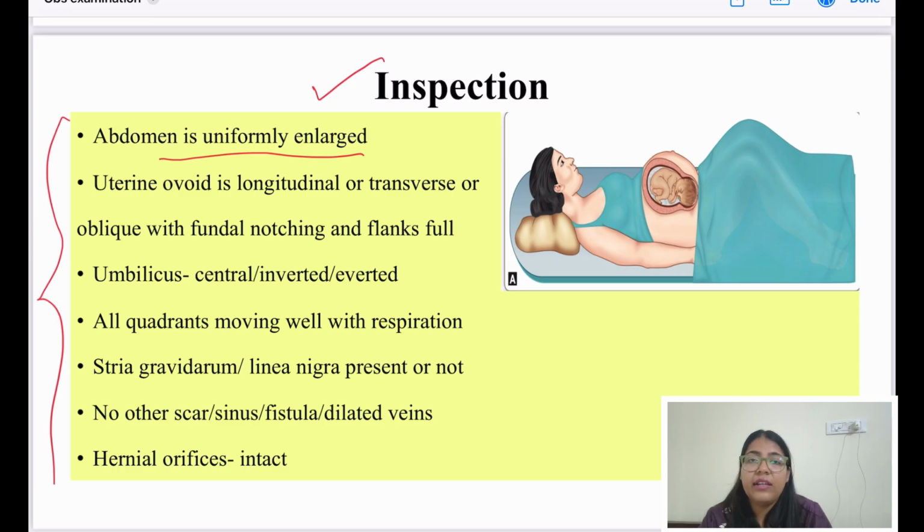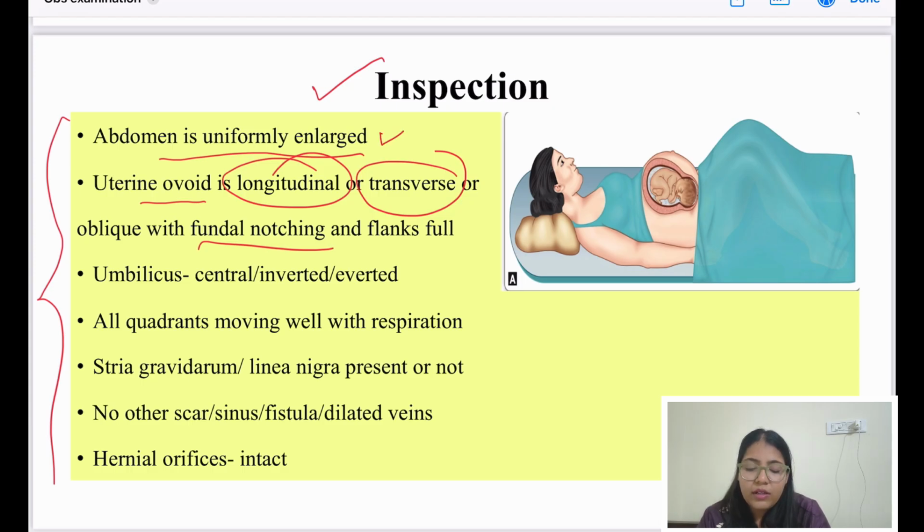In transverse lie you see the flanks are much fuller than the fundal height. So whether the uterine ovoid is longitudinal or transverse, or it is oblique, or sometimes you see what we call fundal notching, means there is an abrupt change of shape at the level of the xiphisternum, mostly in term patients. So that is called fundal notching.